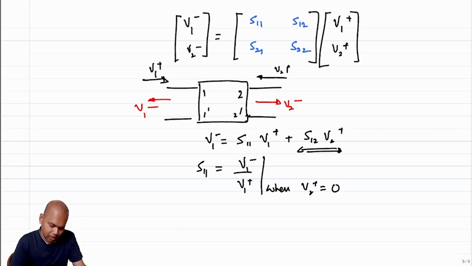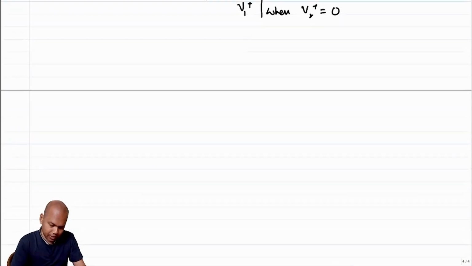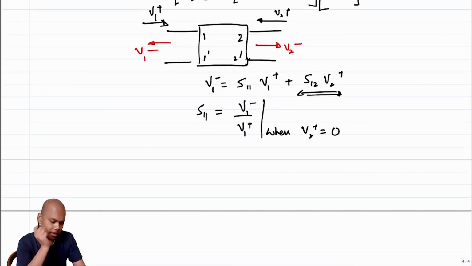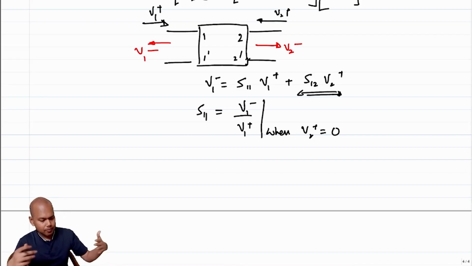Okay, so now what is meant by V2 plus to be equal to 0? You have to be careful with the notations here. Note that we have denoted the plus signs as the signals going into the port.